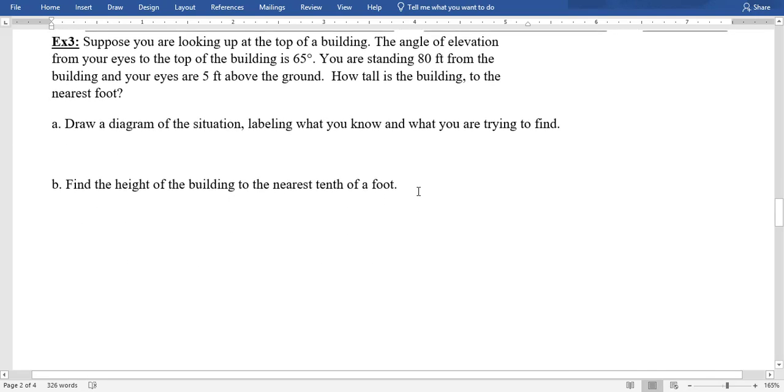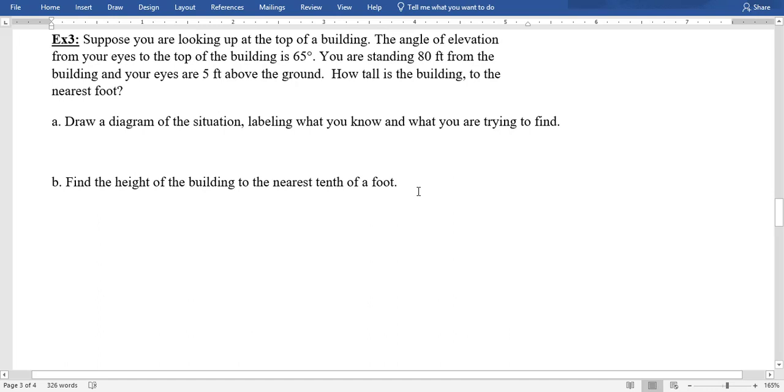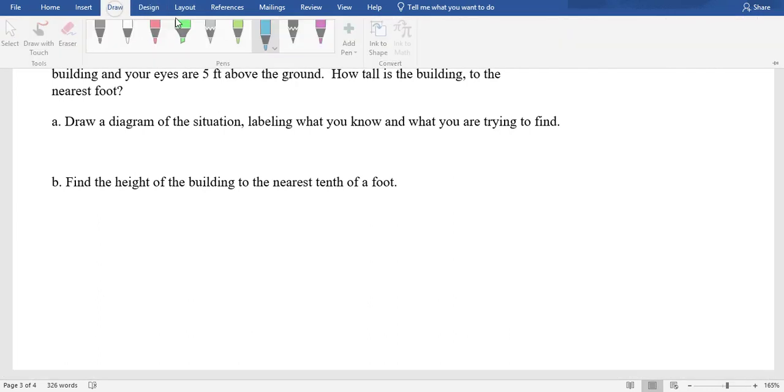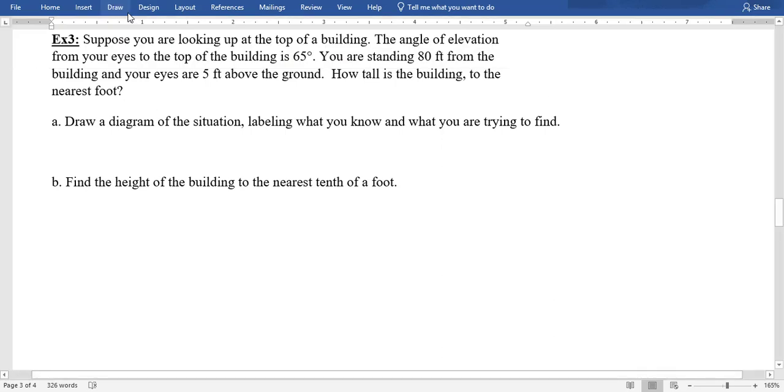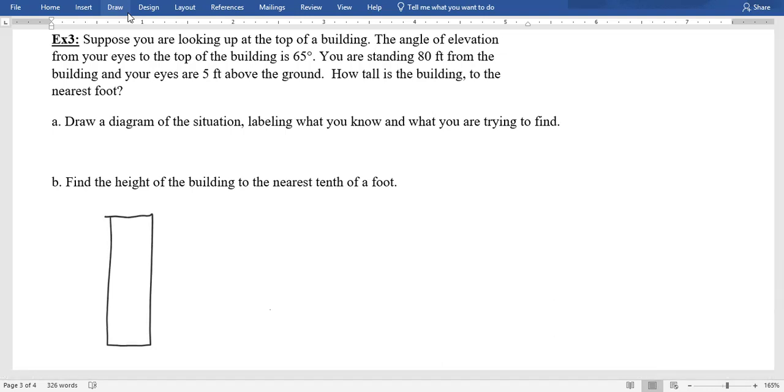All right, suppose you look up at the top of the building. The angle of elevation from your eyes to the top of the building is 65 degrees. I'm going to pause here and draw my building. Okay, you look up to the top. So you're down here.